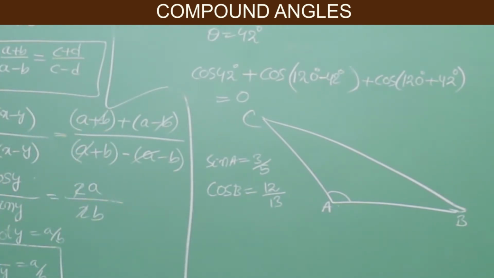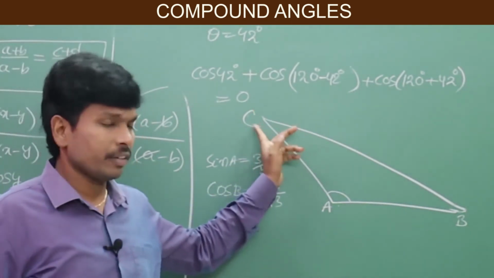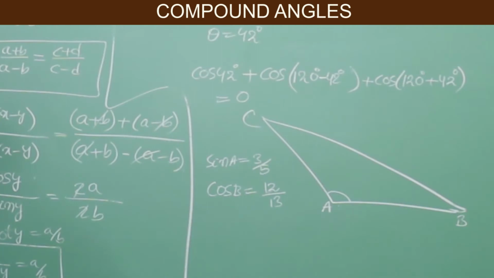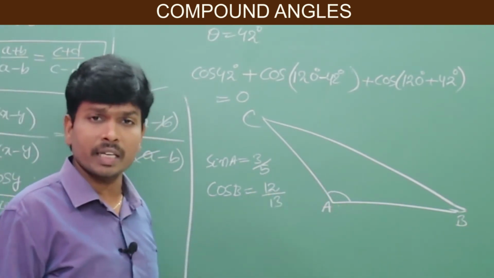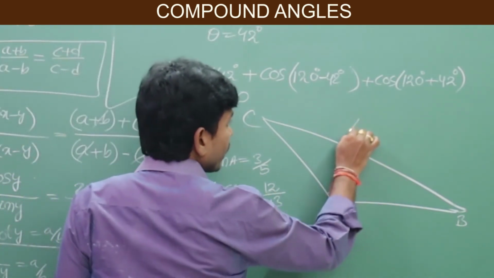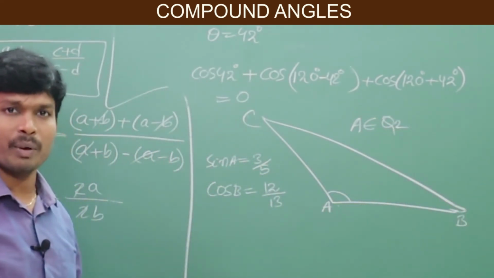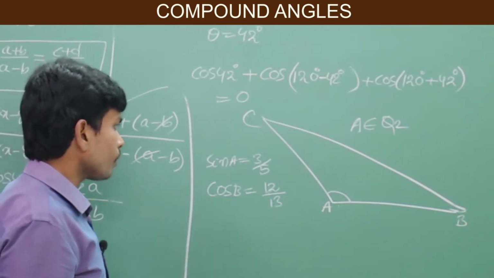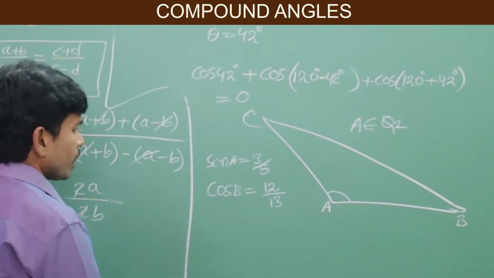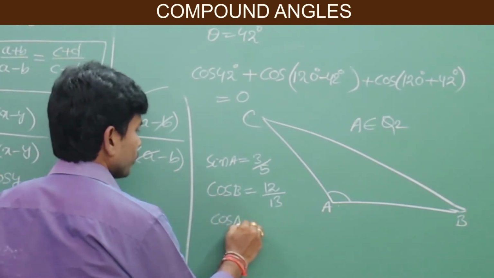Try to do it. Then find sin C. Now observe, my dear kids, A is an obtuse angle, so definitely A belongs to the second quadrant. That is the trick. Remaining everything you have known. sin A = 3/5, then what about cos A?